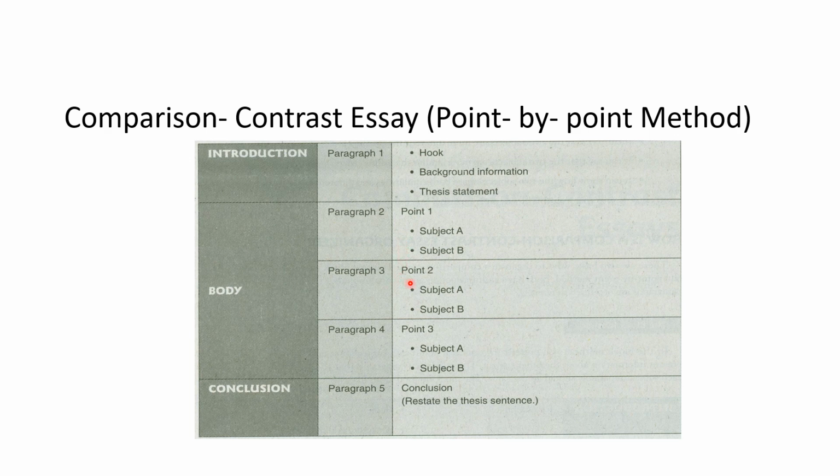Paragraph 3 will focus on another characteristic, and you will compare or contrast the two in paragraph 3. Paragraph 4 will be again about another characteristic, and here you will compare or contrast once again the two distinct subjects.